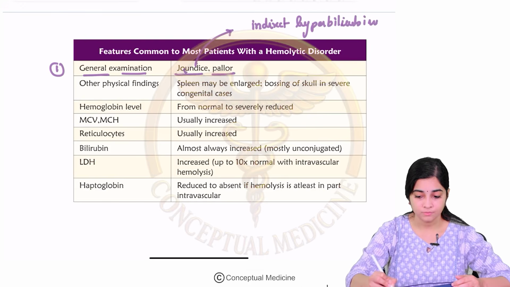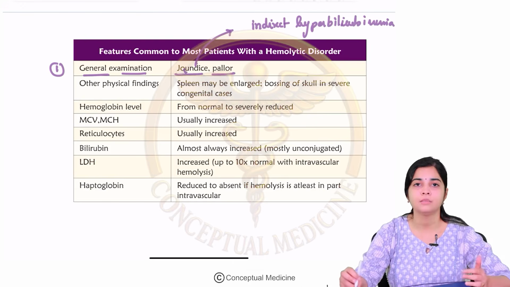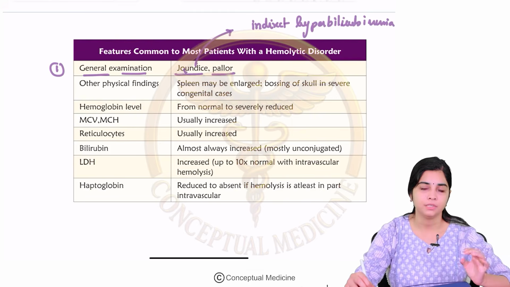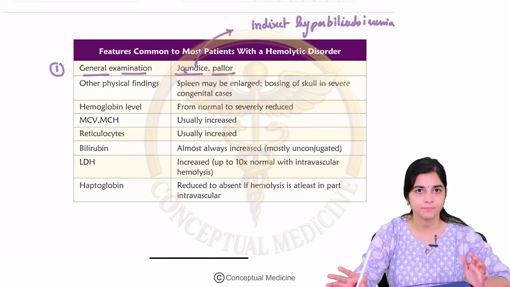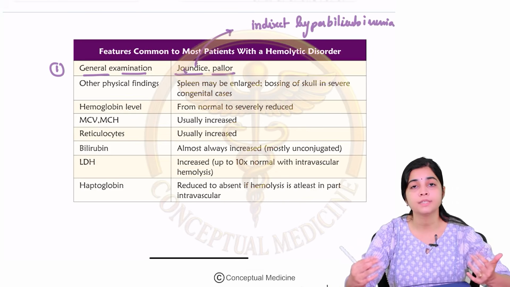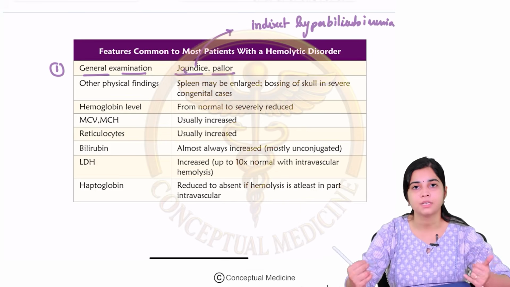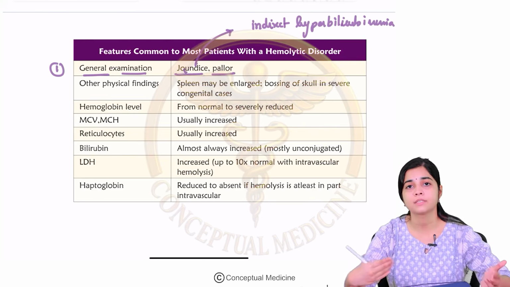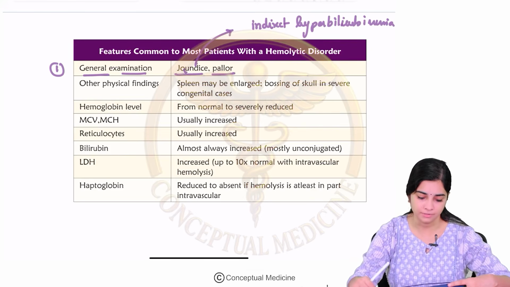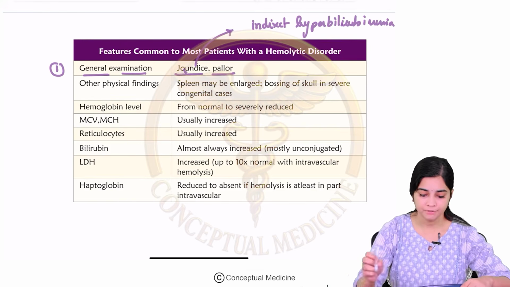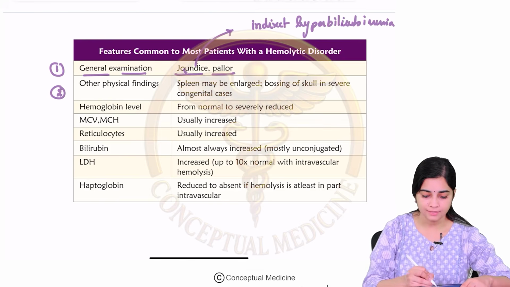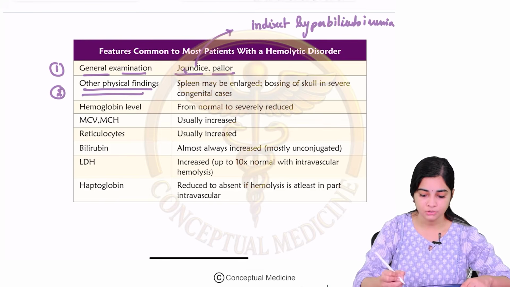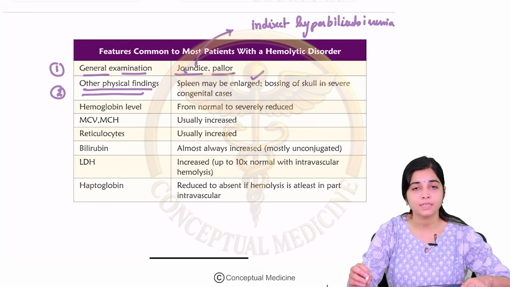So, the very important test other than hemoglobin which you have to look into is indirect hyperbilirubinemia in your liver function test, because bilirubin is a breakdown product of heme. That is the reason why when there is hemolysis, there is going to be indirect hyperbilirubinemia. Fine. Then what are the other physical findings you will watch out for? You may look for splenic enlargement.